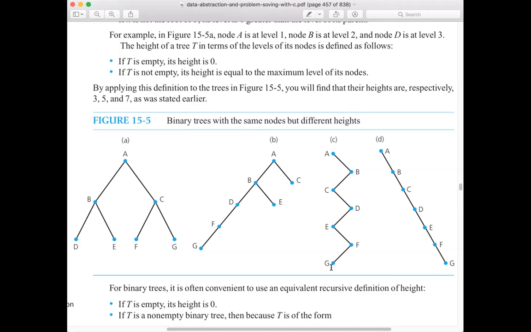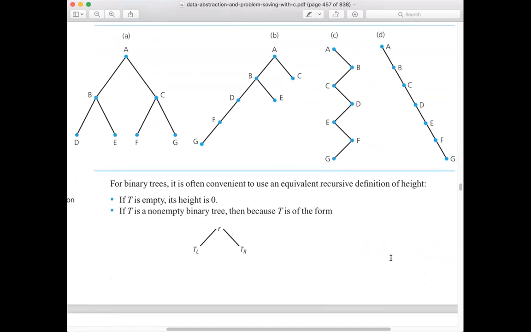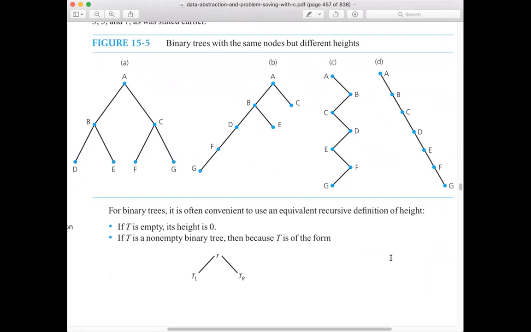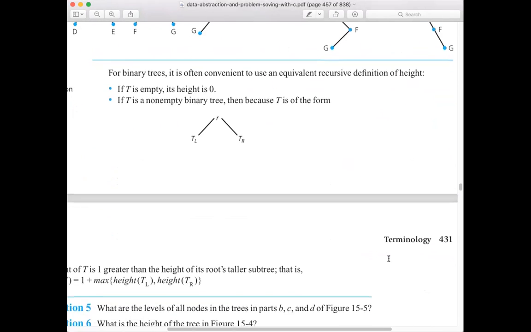So what's the height of this tree here in part C? 7. 7, right. Okay, I think that's pretty straightforward. The only tricky part is just remembering that it's the number of nodes on the path, not the number of edges on the path.